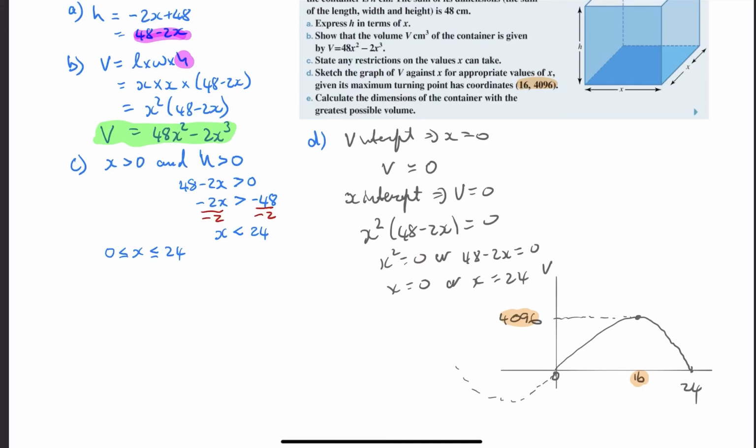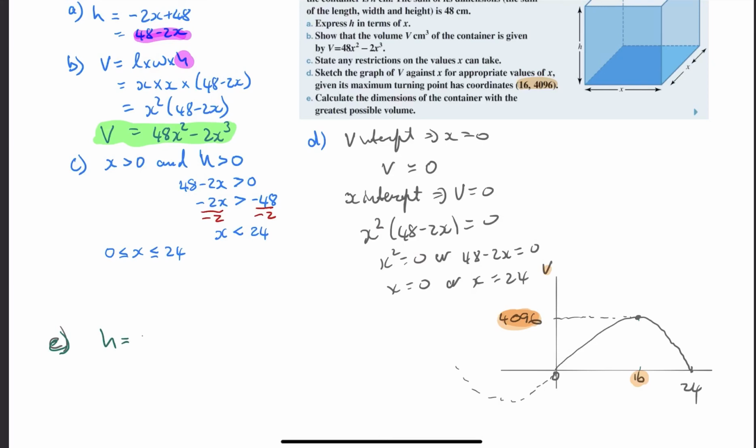Now they say calculate the dimensions of the container with the greatest possible volume. Now 4096 is the highest value for my volume. So all I have to do in E is say, right, what is x? The volume is at its greatest where x equals 16. So what is my height?